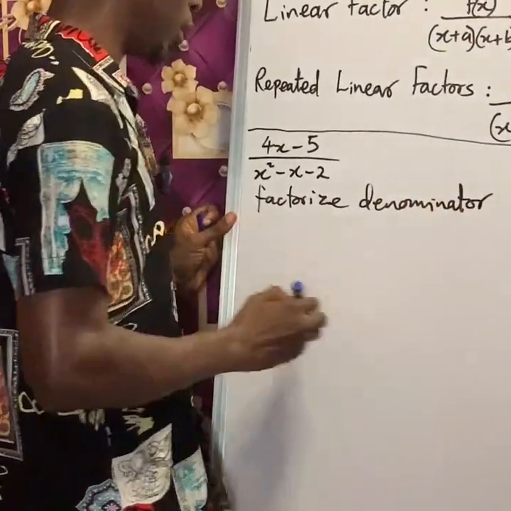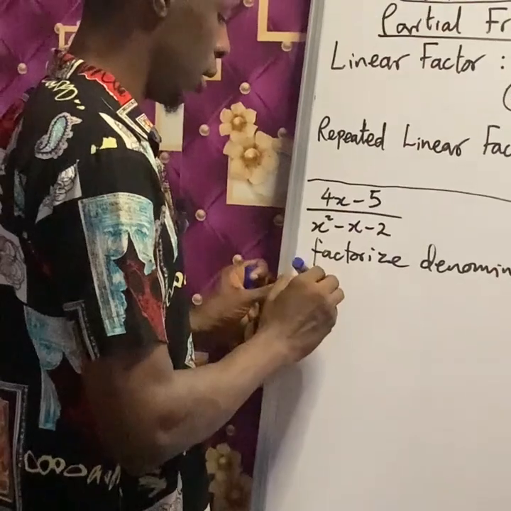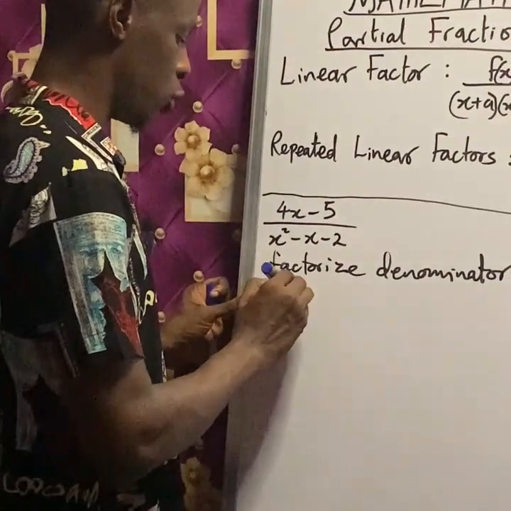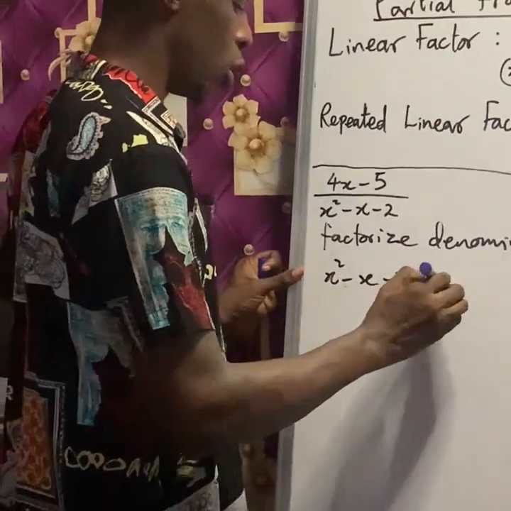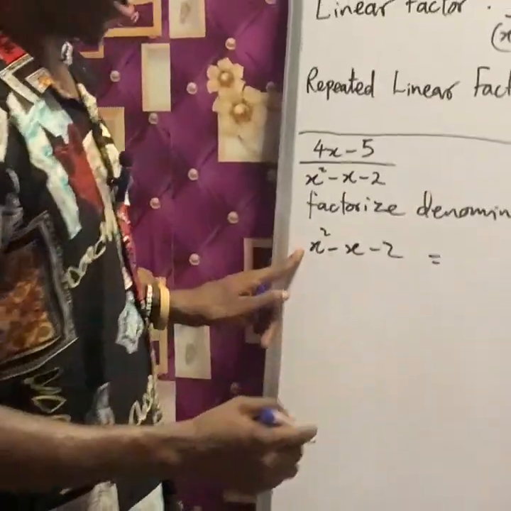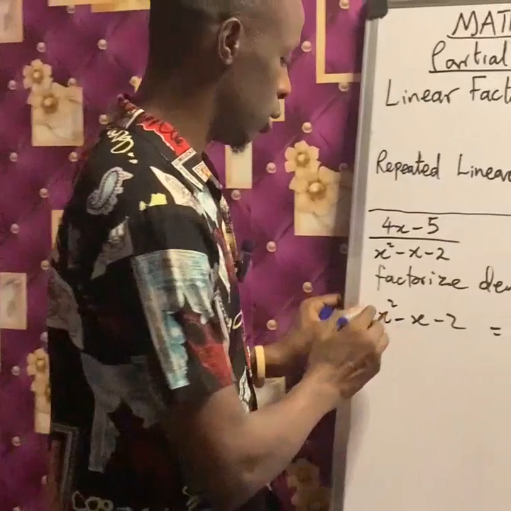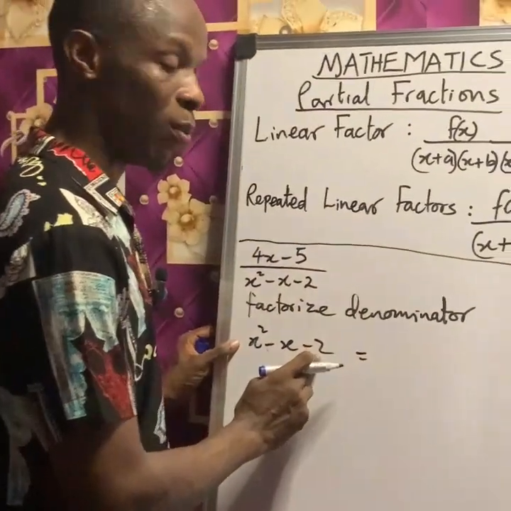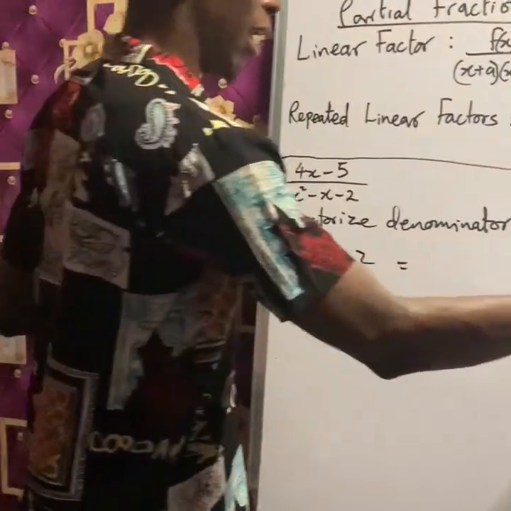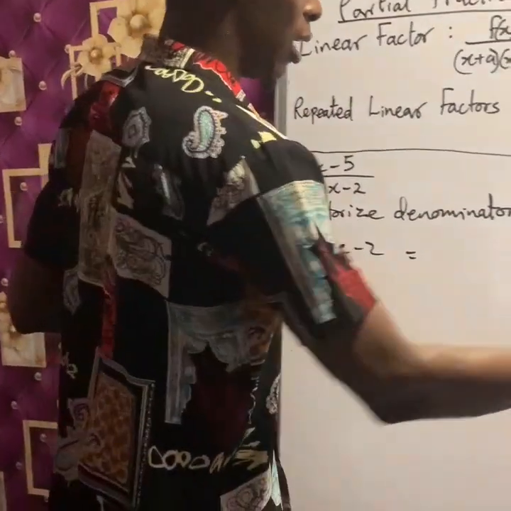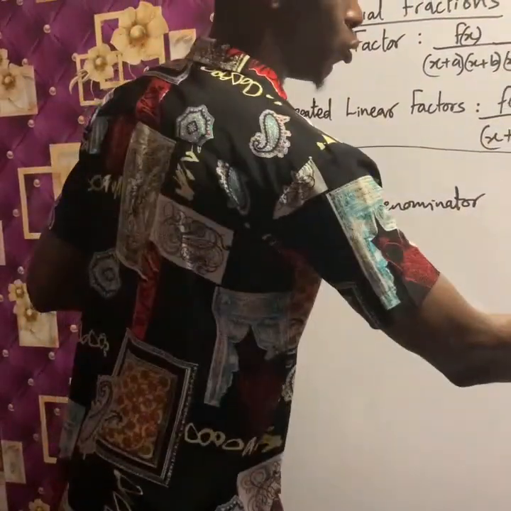When we factorize the denominator, we have x squared minus x minus 2. The coefficient of x squared is 1, so I multiply 1 times minus 2, giving me minus 2. Now what are the factors of minus 2 such that when I add them, I have minus 1, and when I multiply them, I have minus 2?